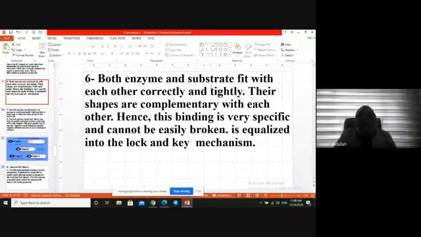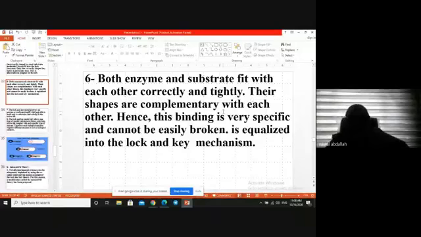The bonds in this theory are very tight. Their shapes are complementary, as we say. The shape of the key or substrate must be complementary with each other. This bonding is very specific and cannot be easily broken.